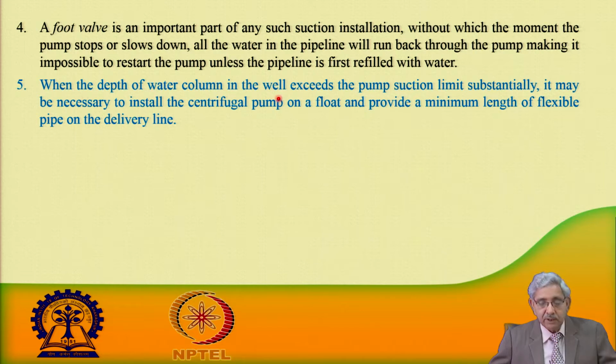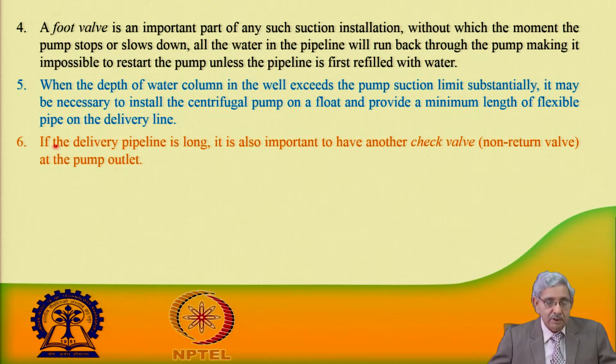Then next comes the suction limit. Suction limit, as I told you, should be within 5 to 6 meter, and to take care of the suction limit, there should be proper flexibility so that we can increase the delivery head and reduce the suction lift by lowering the pump at appropriate depth from the land surface.